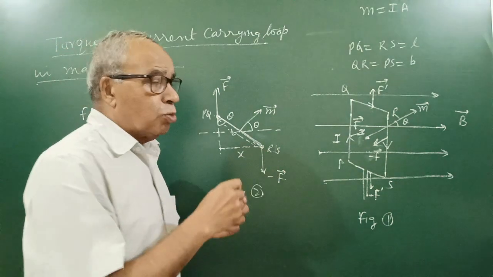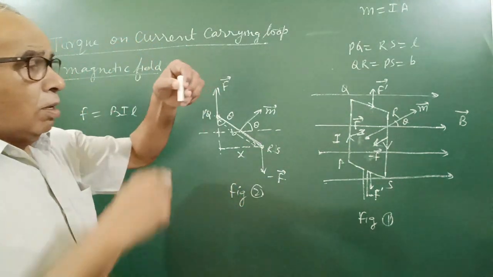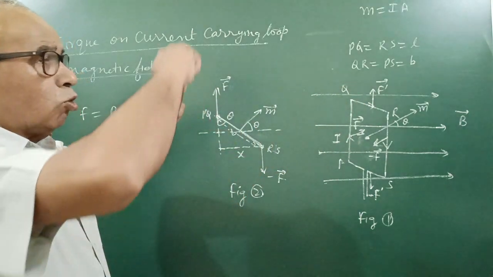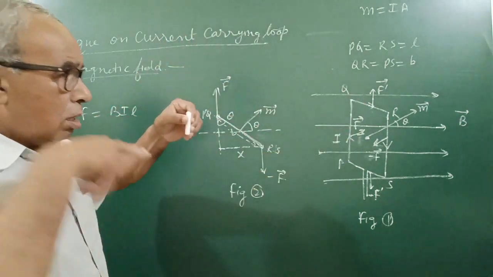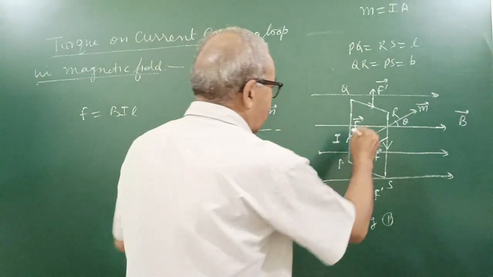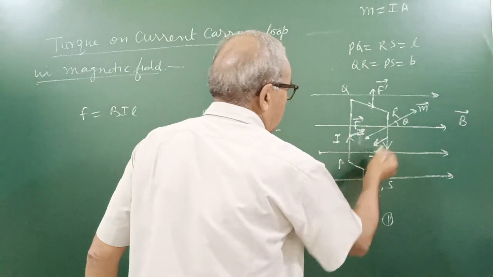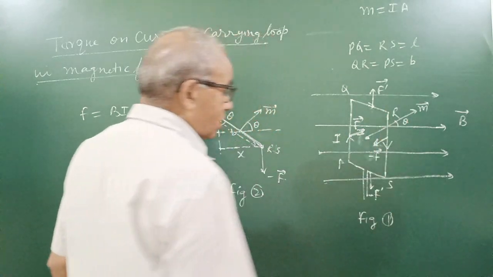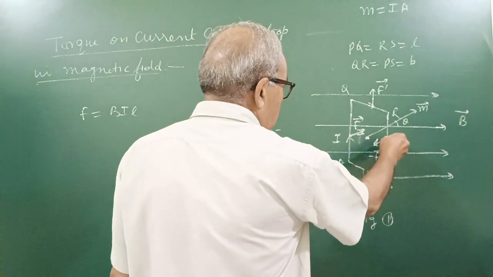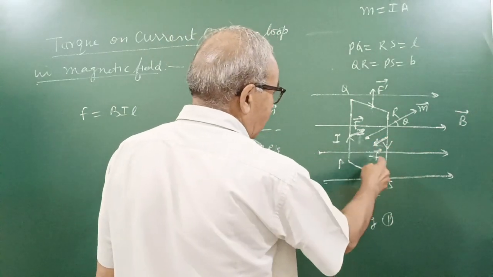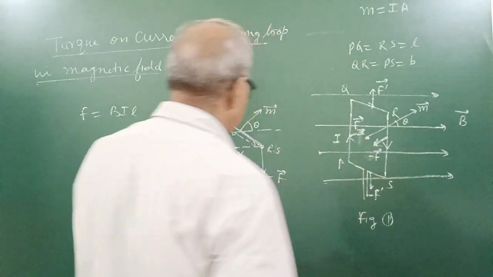Direction from cross product rule, L cross B, away from me. I have shown like this. And on side RS, it is towards me. So I have written minus L. This is plus L.